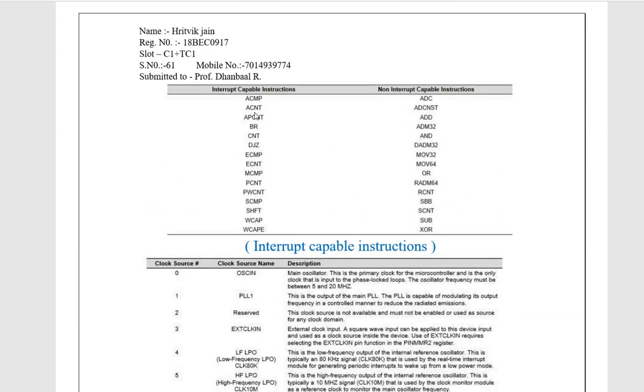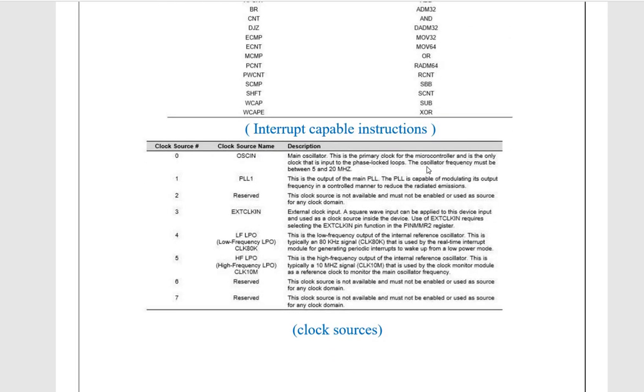It is divided into two parts: interruptible instructions and non-interruptible instructions. Interruptible instructions are ACMP, ACNT, APCNT, and so on to WCAP. Non-interruptible instructions are ADC, ADCINST, ADD, ADDM32, AND, DAD, DADM32, and so on.